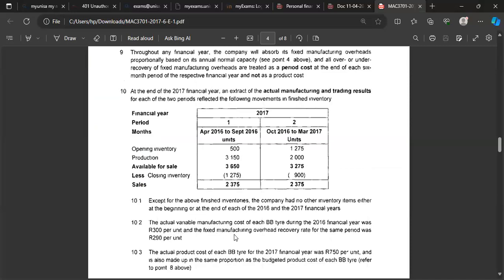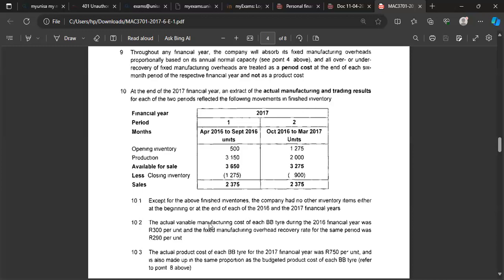Bear in mind that there is usually a difference in management accounting between variable manufacturing overheads and variable manufacturing costs. When they say variable manufacturing costs, it includes even the costs that are not overheads, which is your cost of materials, etc. In other words, all your direct costs are included there.